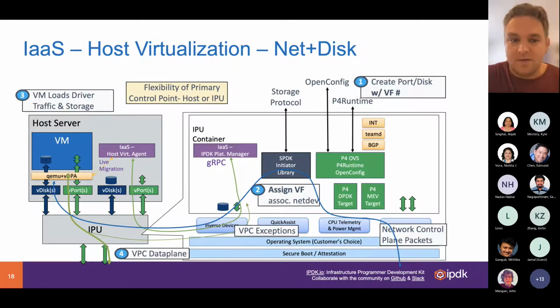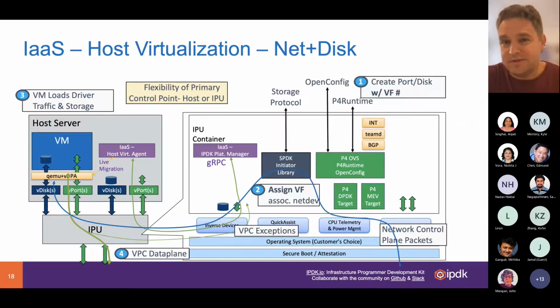And so this is also applicable inside of Kubernetes. If you're going to do Kubernetes inside of a VM, then all of this still applies, where you have this agent on the host talking to an agent inside the IPU container, because you do have to do this mapping of virtual function into the VM.